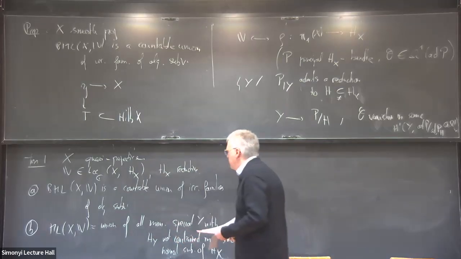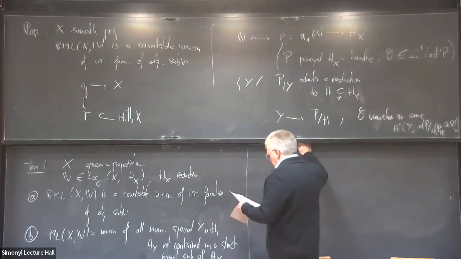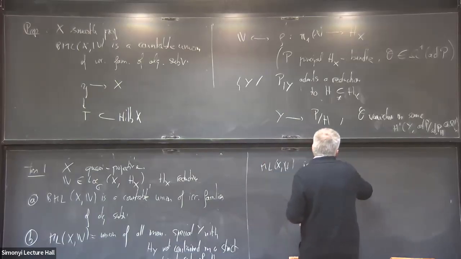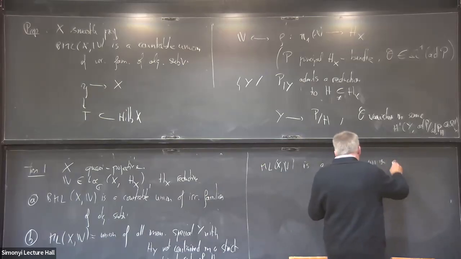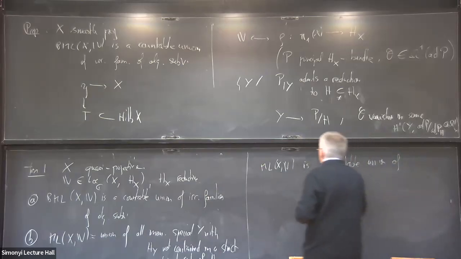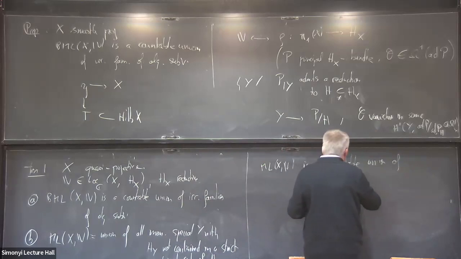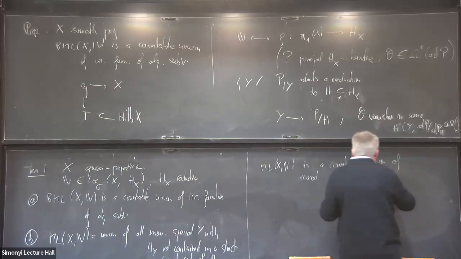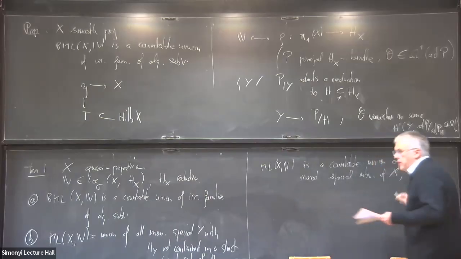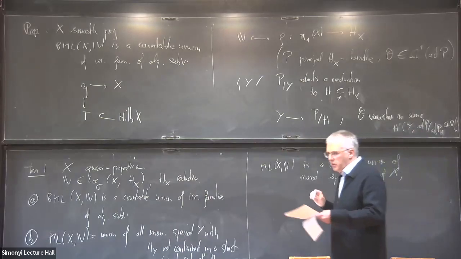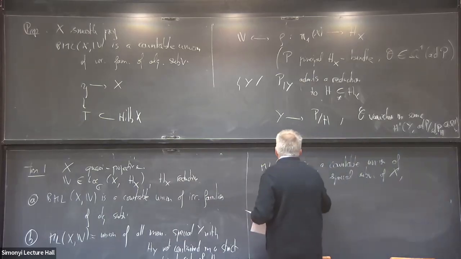Same as for CVHS. And then the interesting part of the theorem is that this is a countable union of monodromy special subvarieties of X. So this is the same statement, but for free, and this is the thing that surprised me and which is interesting, which are strongly rigid in X.